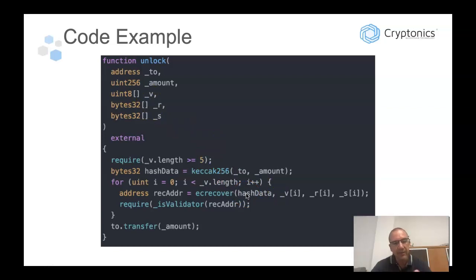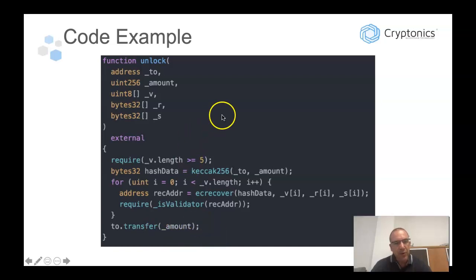The actual signer will have signed the same data, which is the destination and the amount. And then we just check if this is a validator for this particular operation. And if all this passes, then we have 5 valid signatures for this message. And the message is just, I repeat, send a certain amount of ether to a certain address. So if all this is correct, we just do that. We send the amount. It's unlocked from the smart contract.